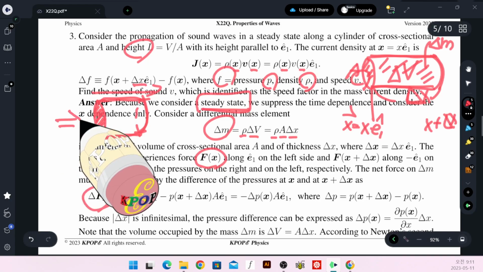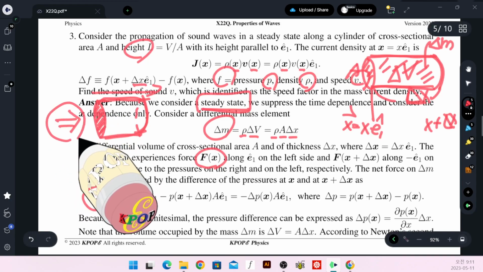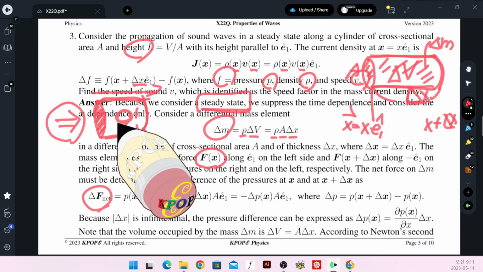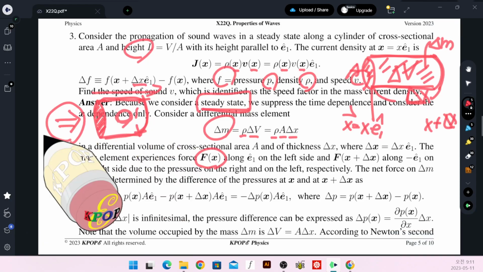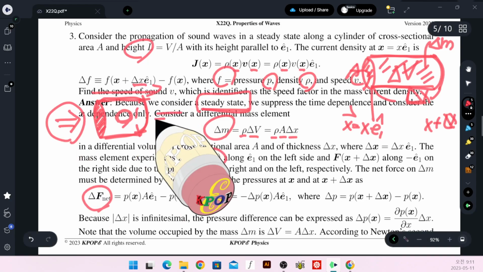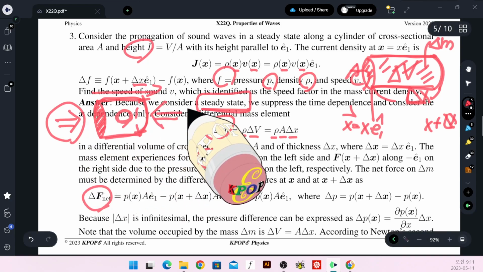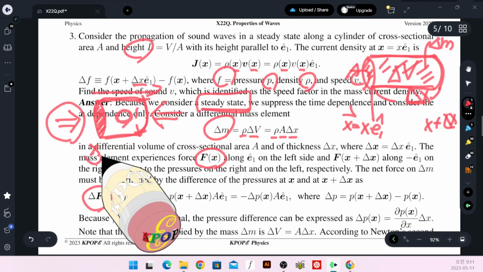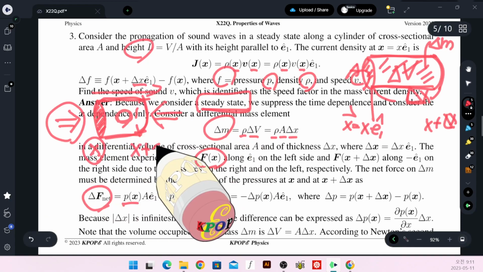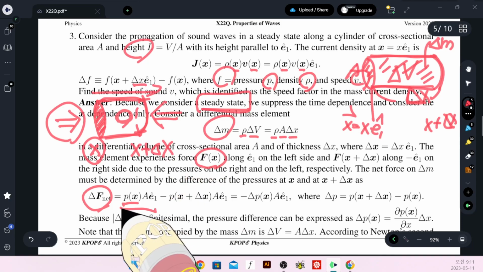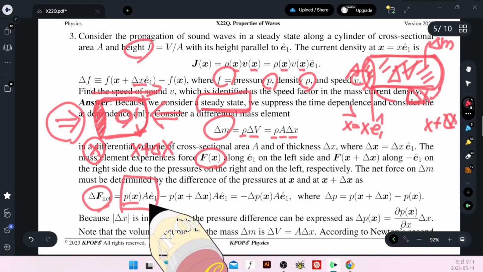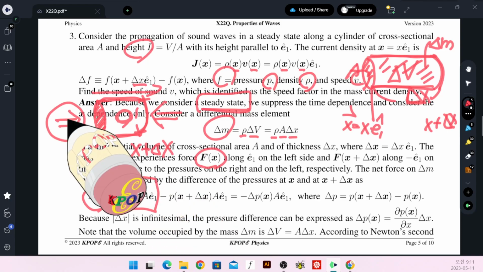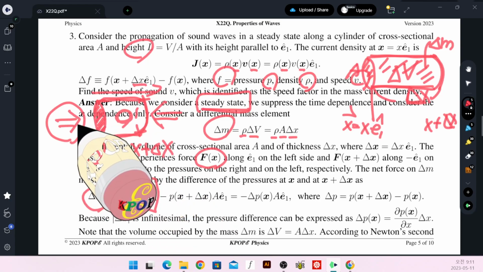We have a pressure on the left that's pressing this set of molecules to the right, and another pressure pressing this to the left. Therefore, at position x and x plus delta x, pressure multiplied by area is the force, and the unit vector represents the direction of this force.